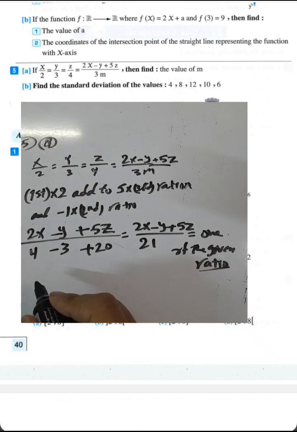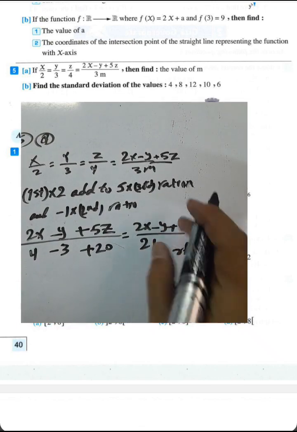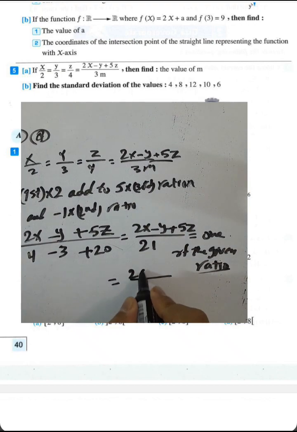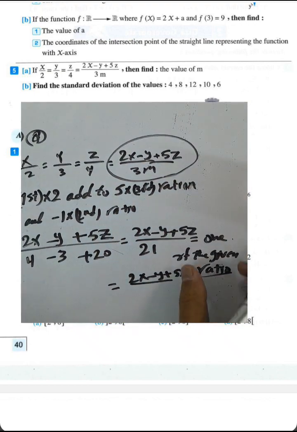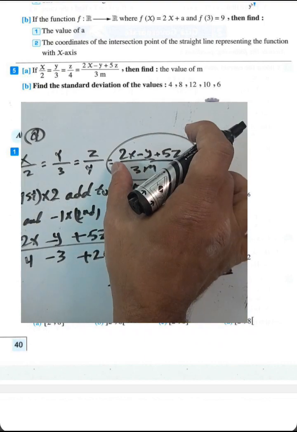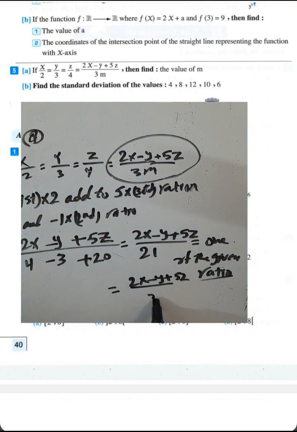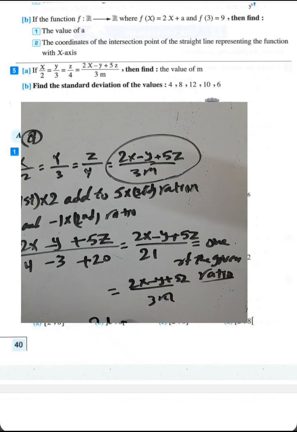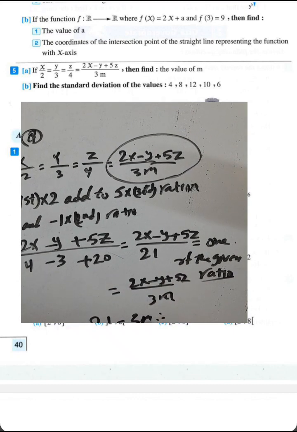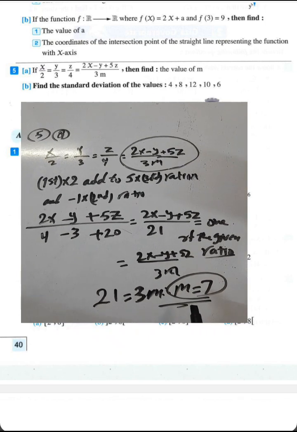So we can write, equal to this example, 2x minus y plus 5z. He gives us one of the given ratios, such that it will be 3m numerator equal numerator, then 21 equal 3m, then m here will be 7. 21 divided by 3 equal 7. Then the value of m equals 7.